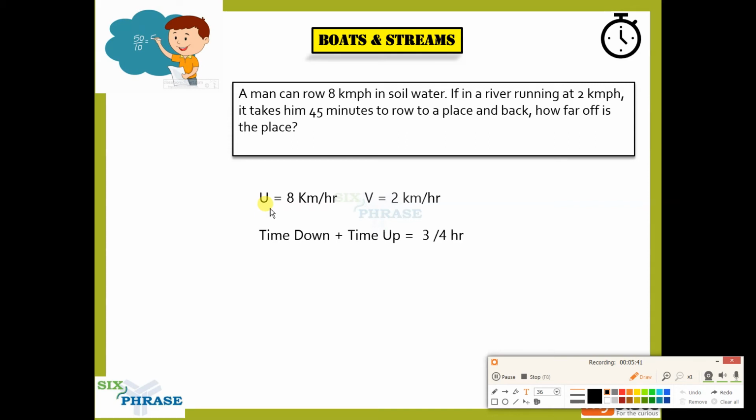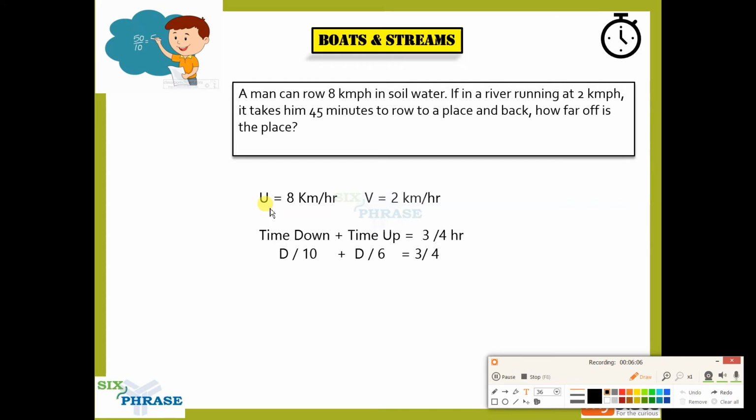And you have to find the distance. Okay, so the time downstream is equal to distance divided by u plus v, which is 10, right? 8 plus 2. Time upstream is distance divided by u minus v, which is 6, and this is equal to 3 by 4. Now just solve for this, you'll get the answer.